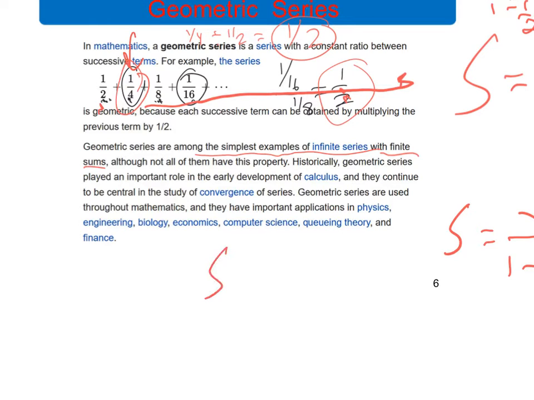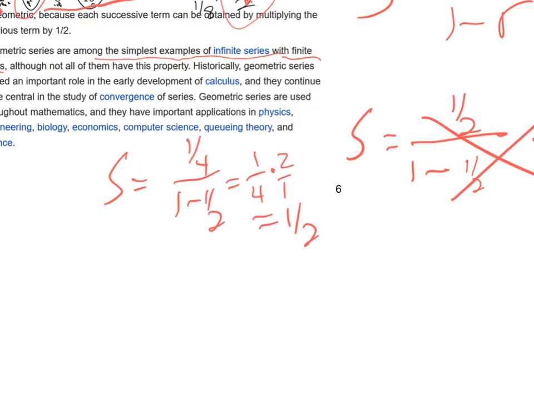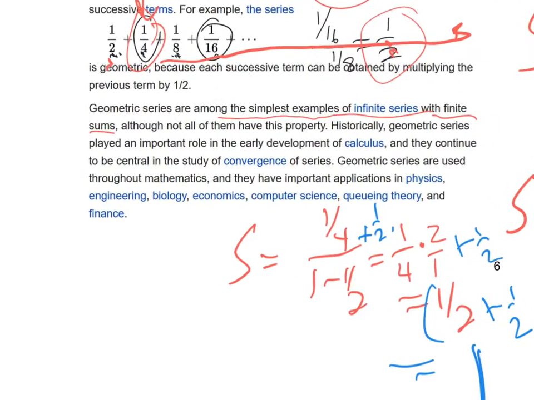So that sum would be 1/4 over 1 minus 1/2. 1/4 divided by 1/2 would be times 2 over 1, which is 1/2, plus, I should have written it as, it's equal to this plus the 1/2. So plus the 1/2 plus the 1/2, it adds up to 1. We've talked about that before.